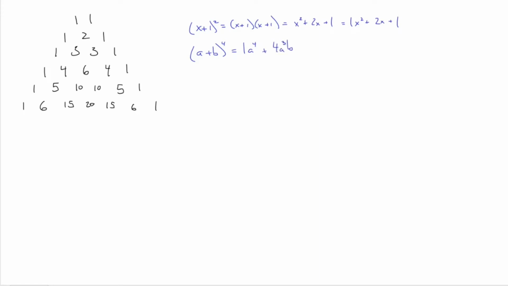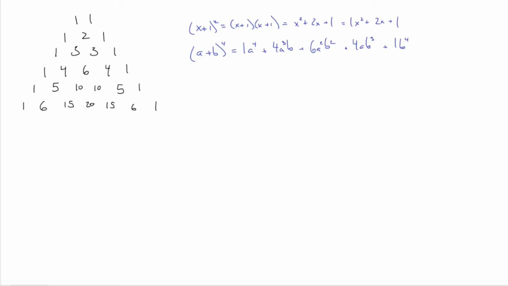And the next term will be 4 times a cubed b to the first, plus 6a squared b squared, plus 4ab cubed, plus 1b to the fourth. Where the 1, 4, 6, 4, 1 came from the fourth row of Pascal's triangle, and then we started with the powers of a and b, the powers of a decreasing from 4 to 0, while the powers of b increased from 0 to 4.